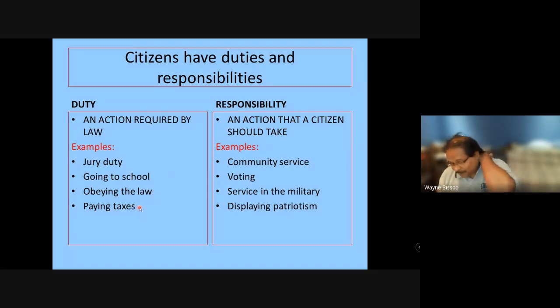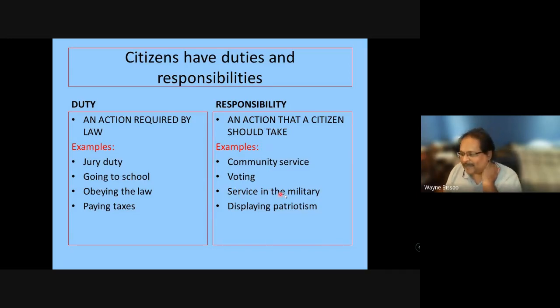Well, nobody wants to pay taxes, and as a result, we have a lot of people who pay no taxes at all in our society. All of these things are part of our duties and responsibilities to our society. Engaging in community service, voting.